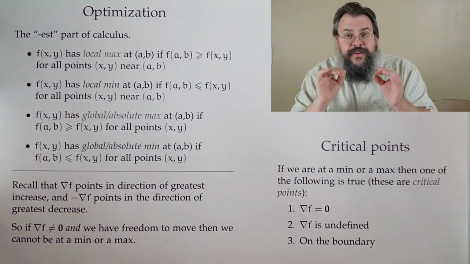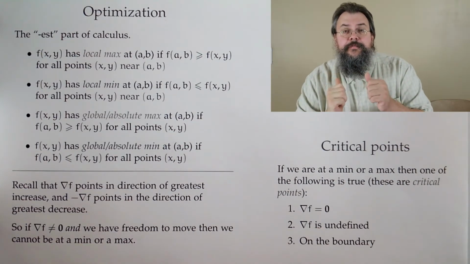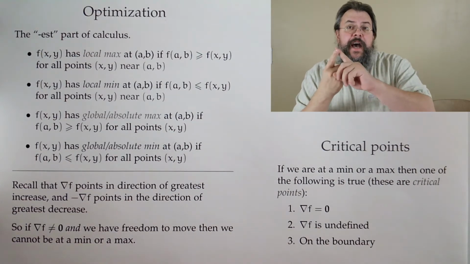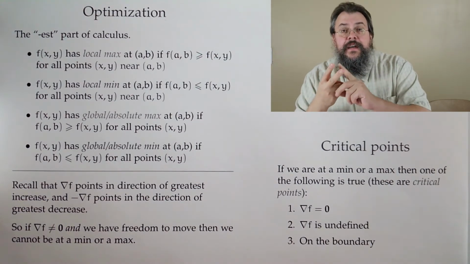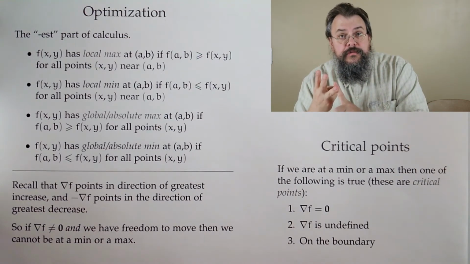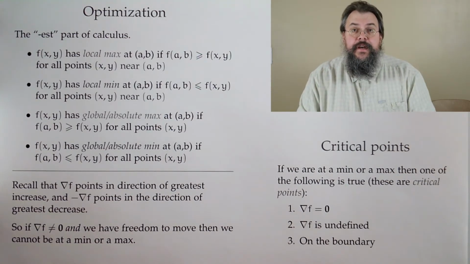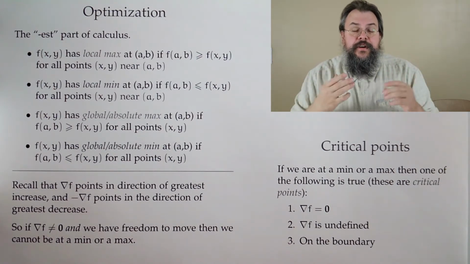That's the whole idea of calculus, just a little bit. Move opposite the gradient and it will decrease. So if we have a gradient defined, it's not 0, and we have freedom to move, then we can't be at a max or min, because we can move and either increase or decrease the value.